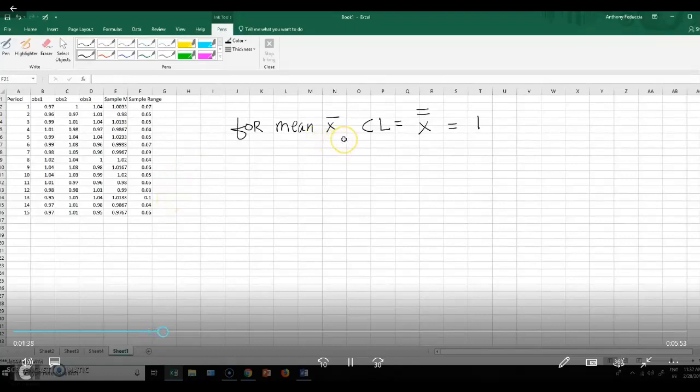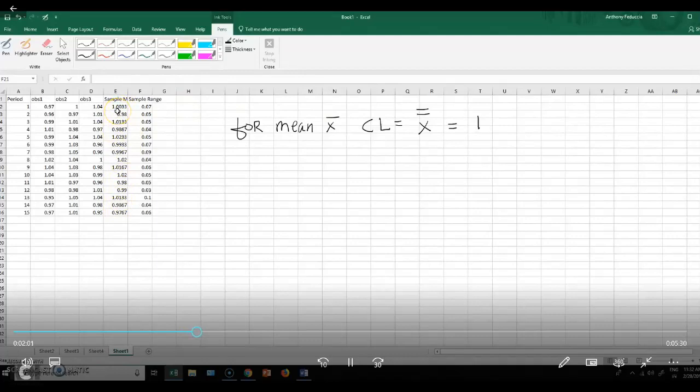For the mean, the way to find the central line is to find x bar, x double bar you see I have here. X double bar is the mean of the means. So we have the sample means right here. We have to find the mean of those sample means.